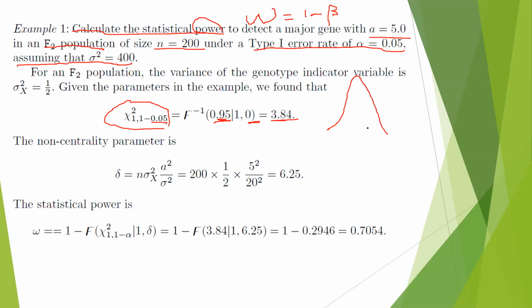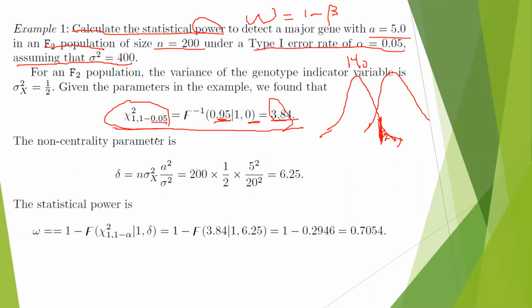Think about these two distributions. I use the normal distribution for this example. So this area is 0.05, and this is how we calculate the cutoff here.